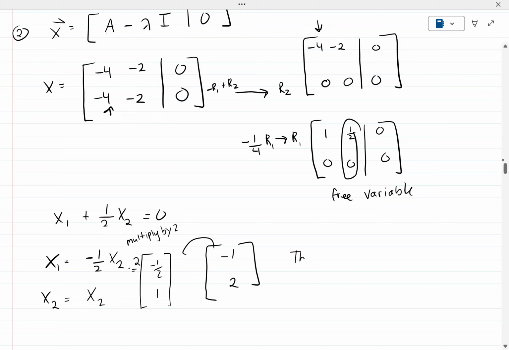So that means lambda is equal to 4. And then our eigenvector x is going to equal negative 1, 2, and then the eigenspace.